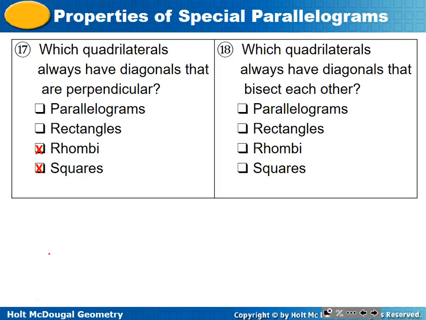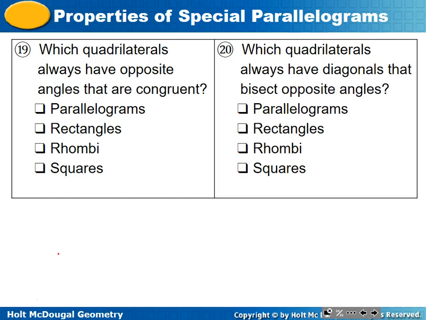So that means it's going to apply again to the rectangle, the rhombus, and the square because all of them are parallelograms. Number 19 says which quadrilaterals always have opposite angles that are congruent. That was another property of parallelograms, so it's going to apply to the rectangle, the rhombus, and the square.